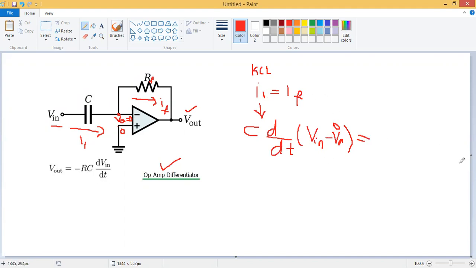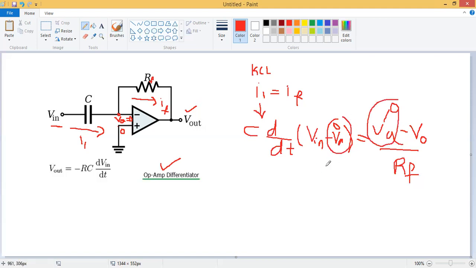So what is my IF? IF equals VA minus V out by RF. VA minus V out, I'm shortly writing it as V naught by RF. Now if you see here, this VA value is 0, so I will substitute VA as 0 here.